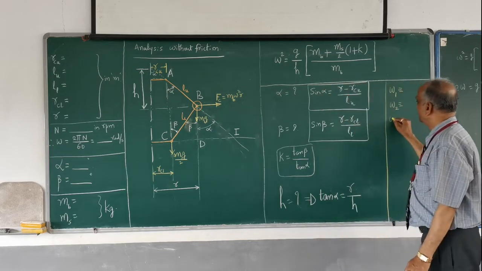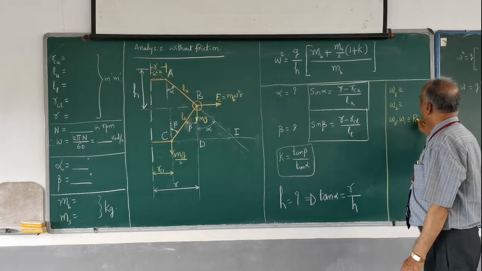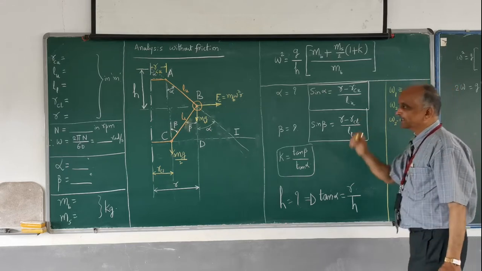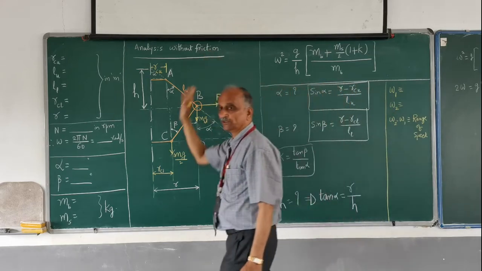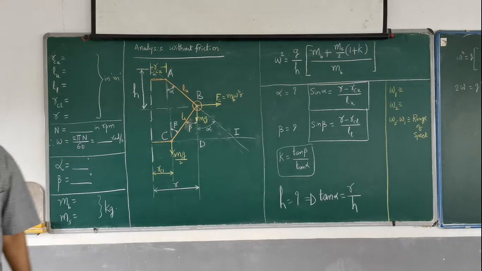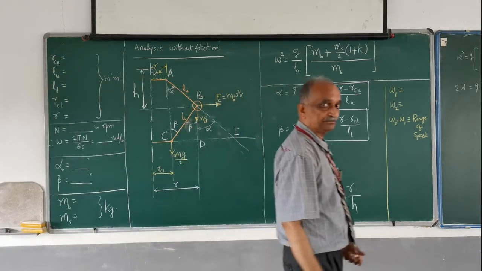Usually omega 2 minus omega 1 is called the range of speed. This is the range of speed without considering friction, and that's what you find out: omega 2 and omega 1.